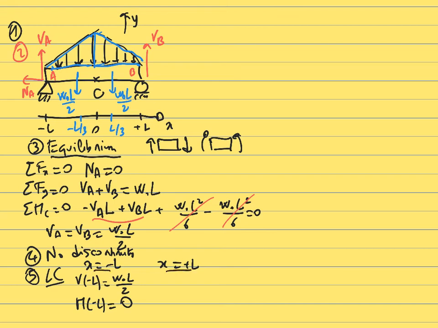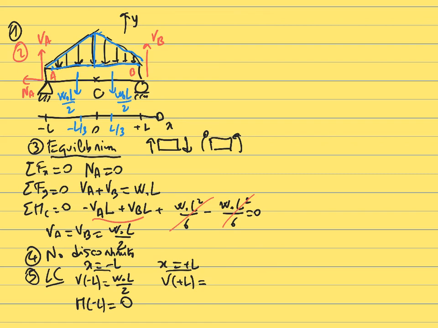Then we move to x equal plus L. Same thing, the internal shear at x equal plus L is going to be equal to the external shear VB, but in this case VB is not expressed with the right sign convention that we expect. VB is going up. We were expecting an external shear going down to be in agreement with our sign convention.